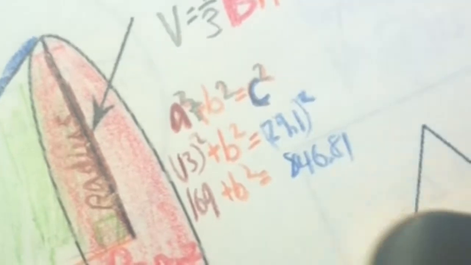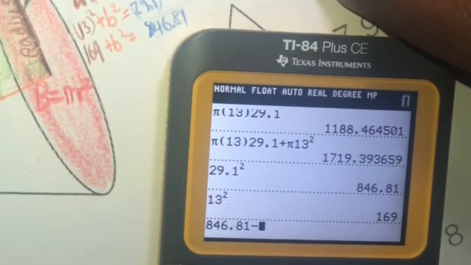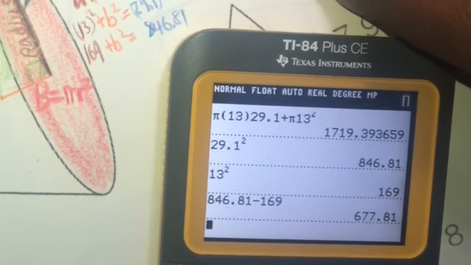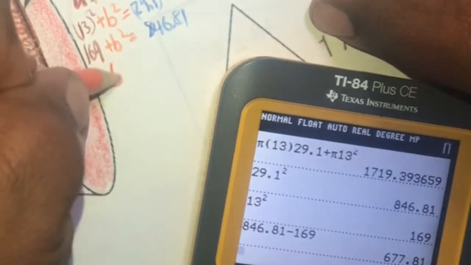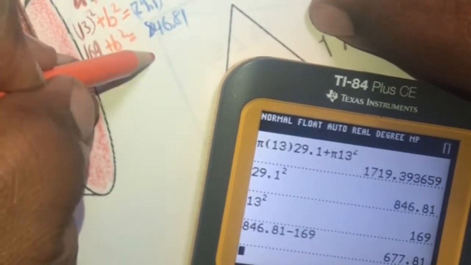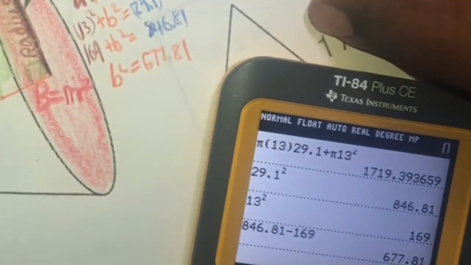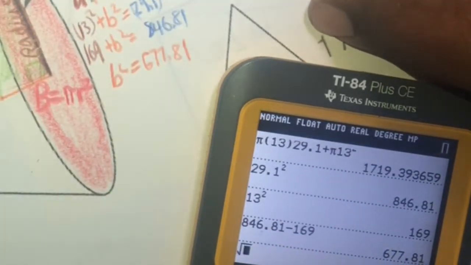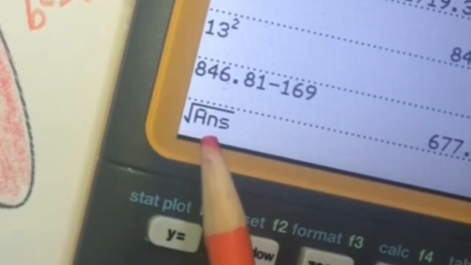Once you calculate that, you're gonna subtract the 169 from 846.81. That gives me a number which I really need. So B squared is equal to 677.81. I'll take the square root of that, using the square root symbol.